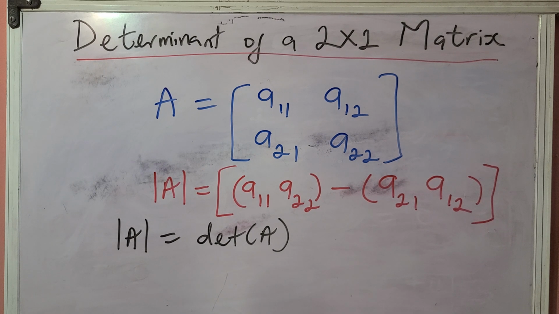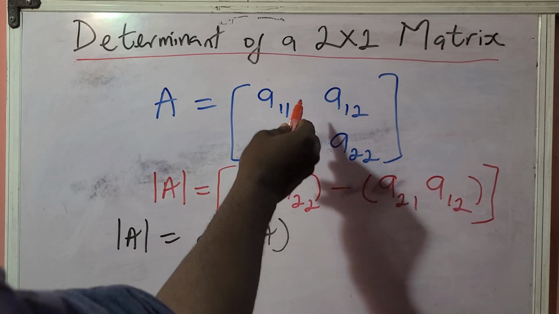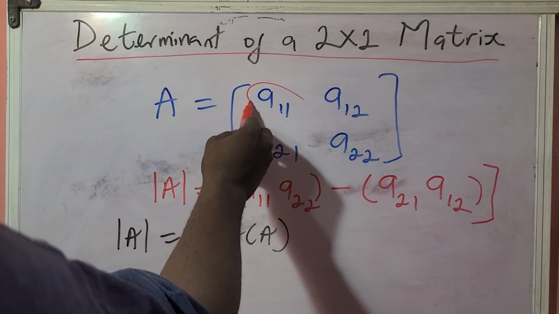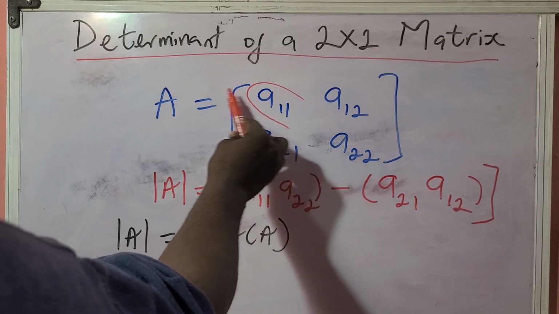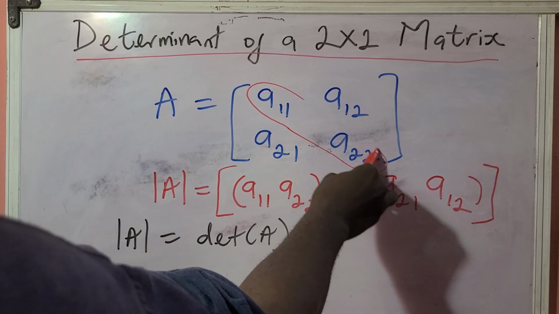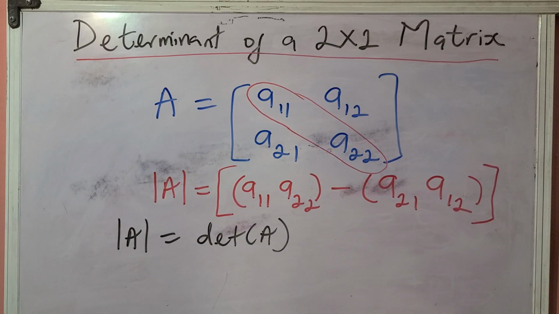So the concept of finding the determinant of a 2 by 2 matrix is quite easy and very simple to resolve. All you have to do is to multiply the leading diagonal, which is always that diagonal that stems from the top left to the bottom right. This is the leading diagonal that has been specified as seen.